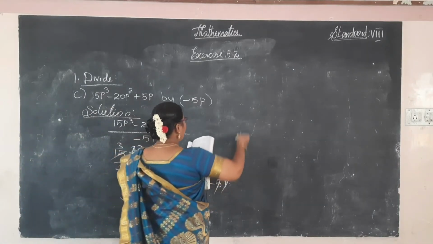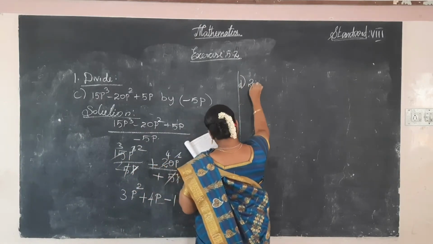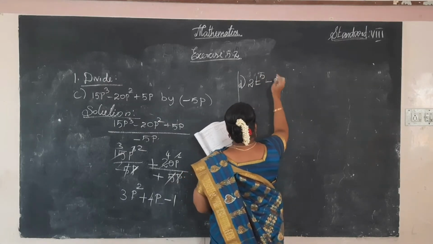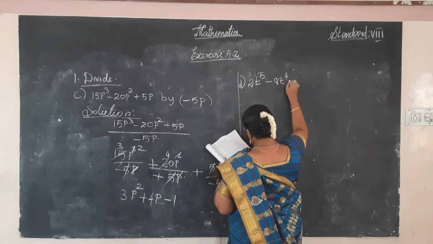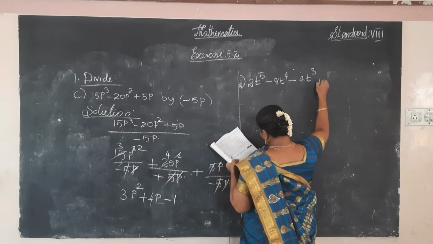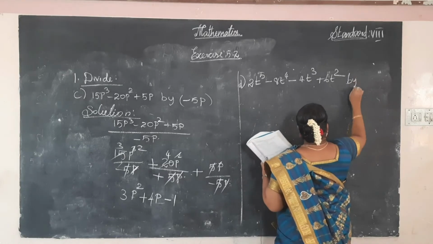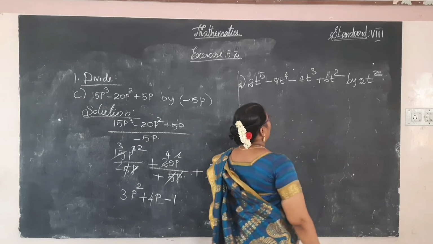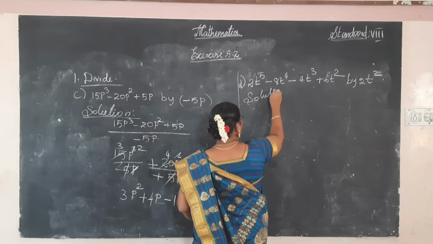Now move to the D problem. 2t power 5 minus 8t power 4 minus 4t power 3 plus 6t power 2 by 2t power 2. How can you do? Solution.